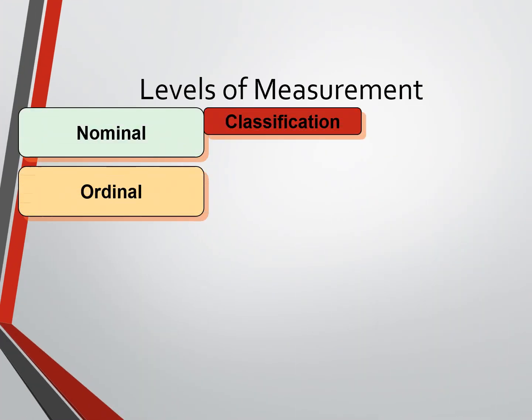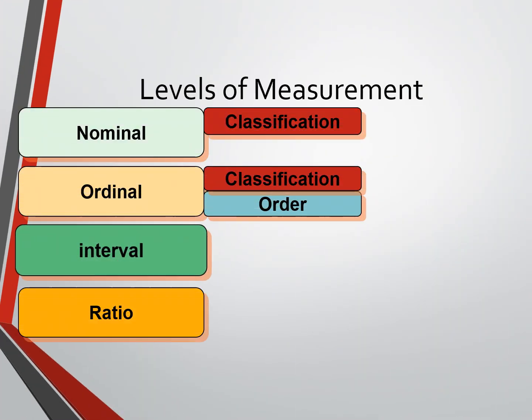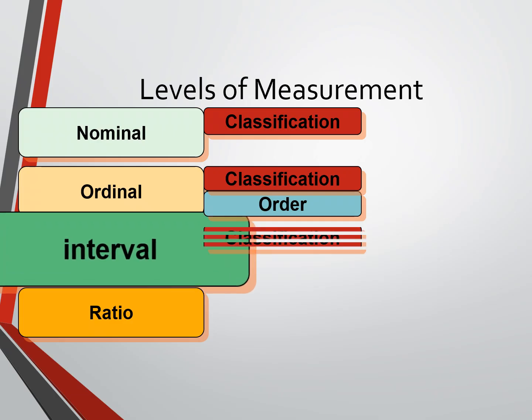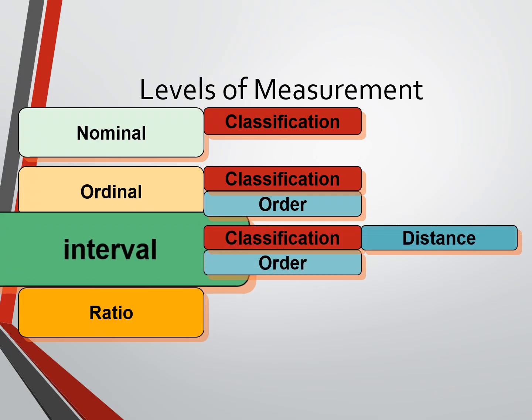Now the third type of scale we have is interval, where 3 parameters come into the picture: classification, order, which we have discussed, and additionally the distance. SPSS 31 requires that whenever we develop our data in variable view, we have to give for each variable the type, the level of measurement.